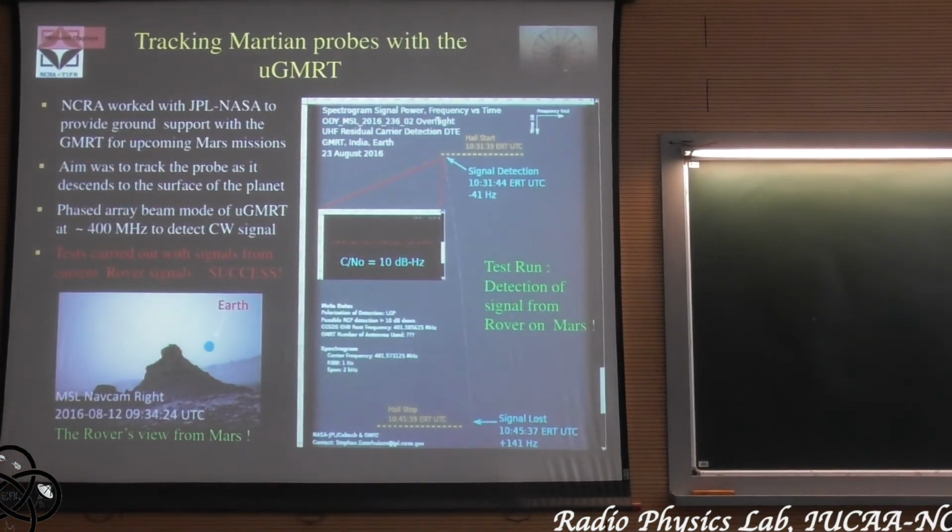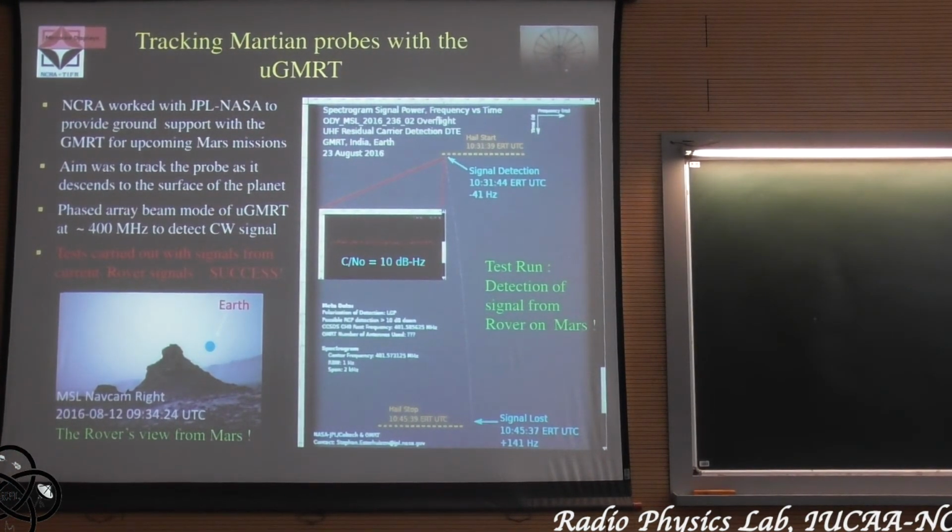There is a rover on Mars which was built by NASA and sent there, and there are other such missions planned which will send modules that descend to the planet's surface and explore.